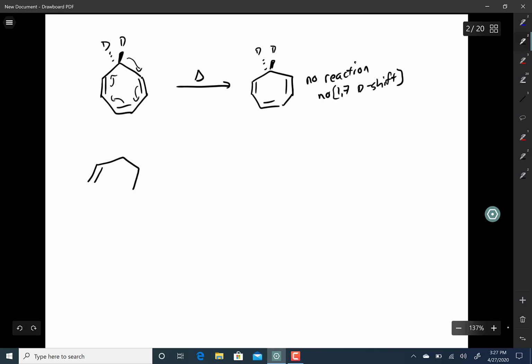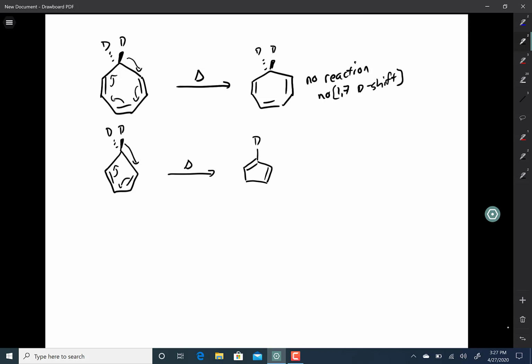But if you go with a smaller ring, say a 5-membered ring, heat it up, and the thing is, this is set up to do the same shift.